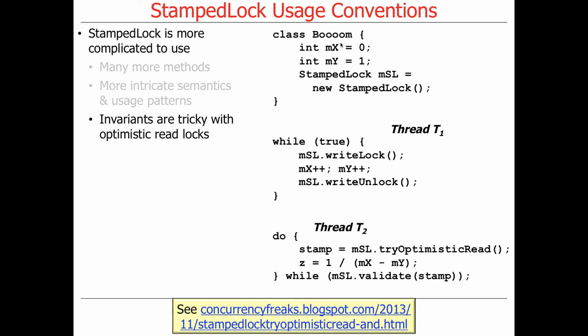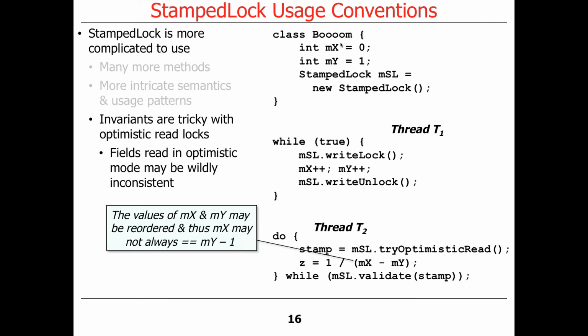It's very tricky to use StampedLocks if there are subtle invariants when you have optimistic read locks. That has to do with the fact that there's really no coordination between how the various values are seen by a thread that does an optimistic read. So let's take a look at an example to make this more clear. We have a class with x and y values, and it starts out where x is 0 and y is 1.